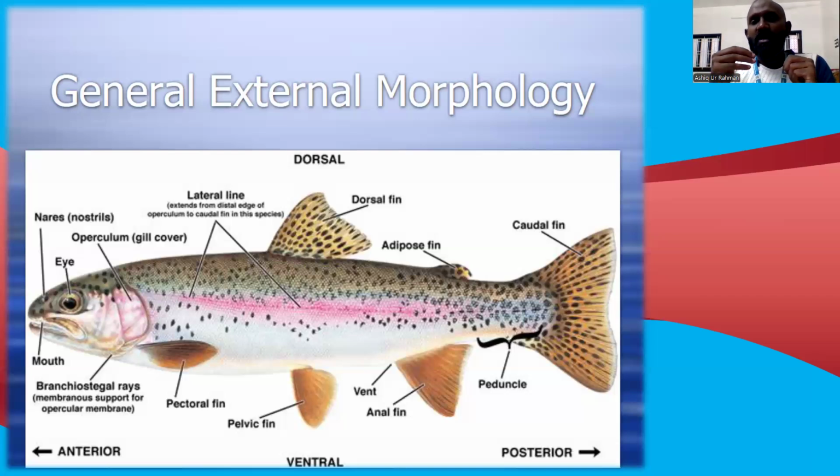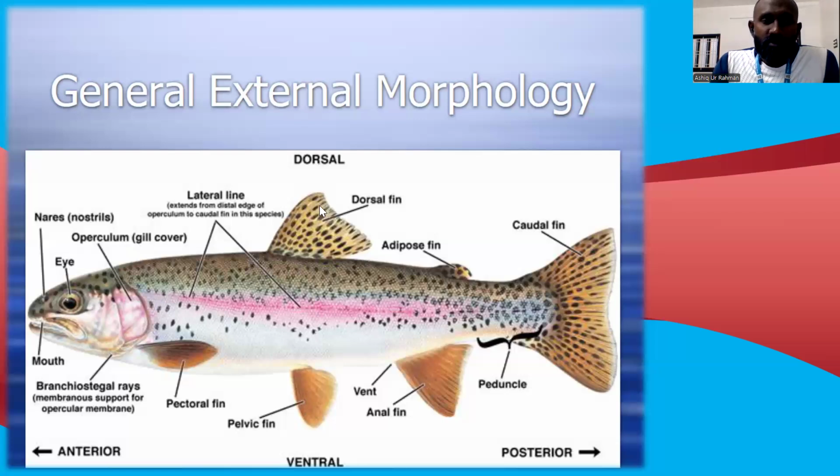And the other type where only one fin is present is the unpaired fin. Okay, so we can see the large fin present on the dorsal side, which is called dorsal fin.